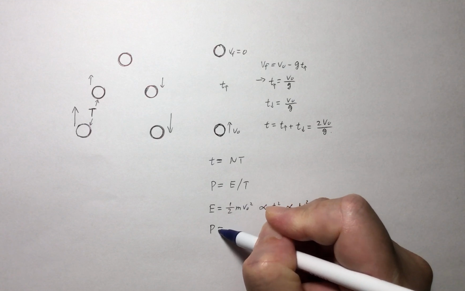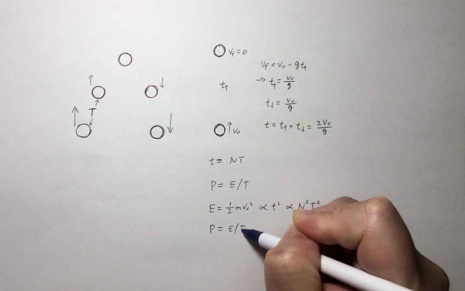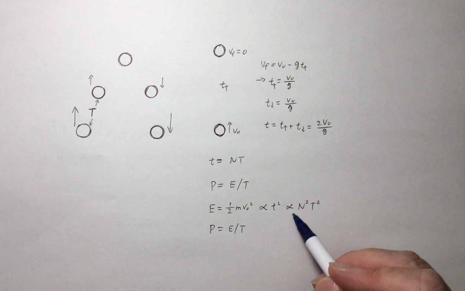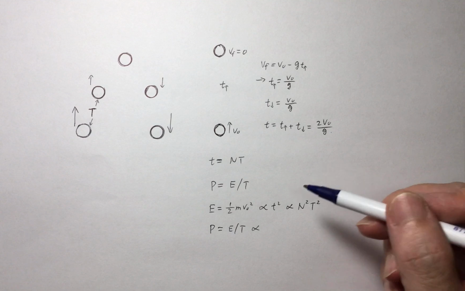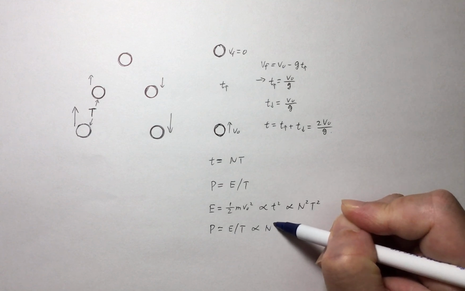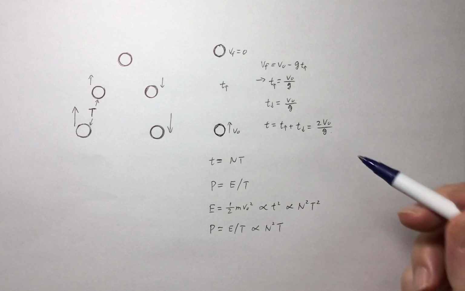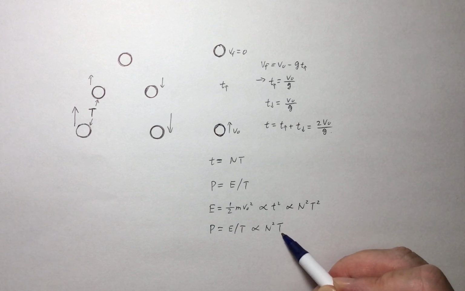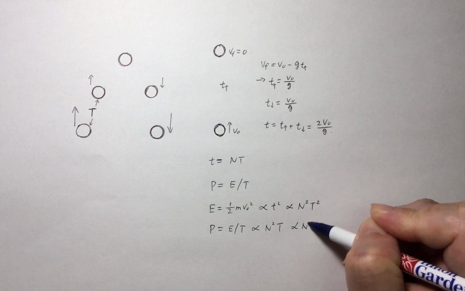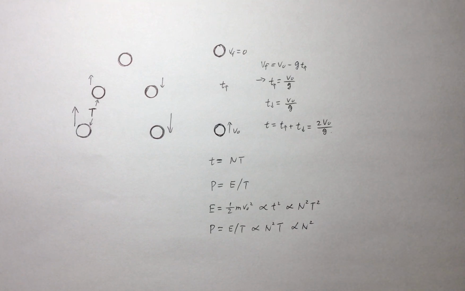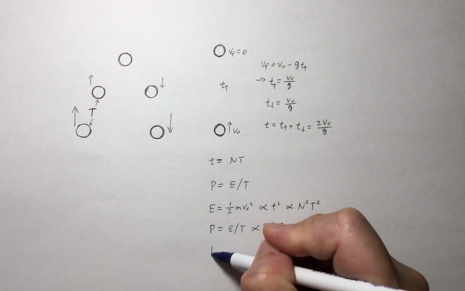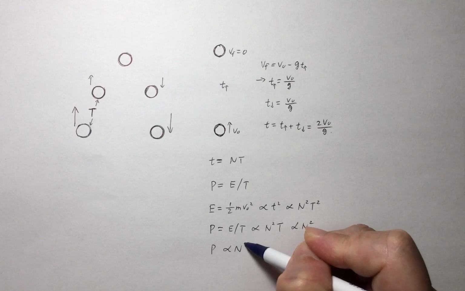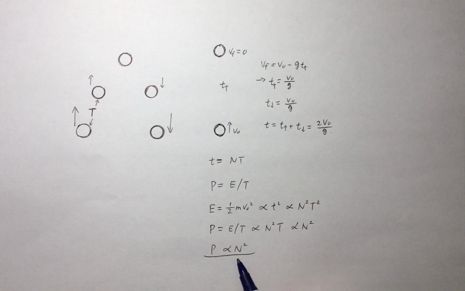So P is E over T, and because E is proportional to this, P is proportional to n squared T. But in this case, T is a constant, so it's proportional to n squared. So we clean it up: P is proportional to n squared. This is the final answer.